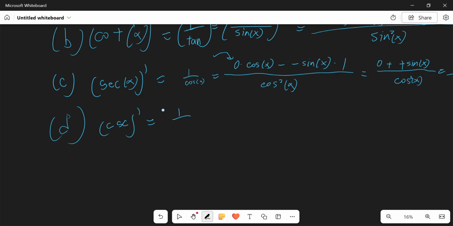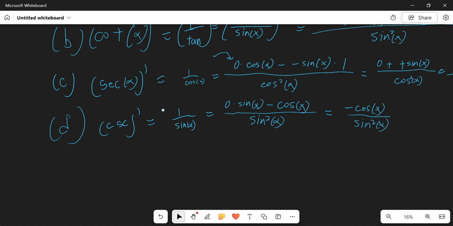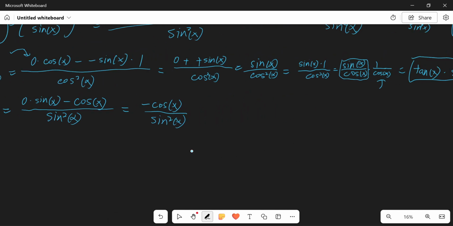So this is the same thing, 1 over sine x, by using the trig identity yet again, and we will be doing the same thing, which will be equaling the same thing over sine squared x, which will be negative cosine x over sine squared x.